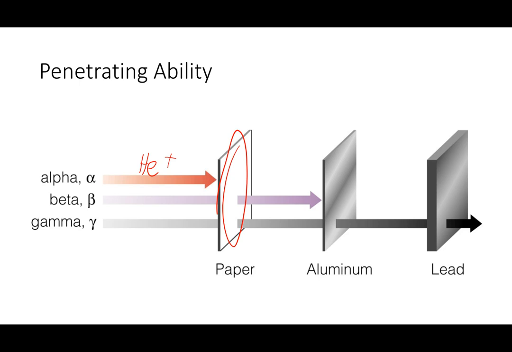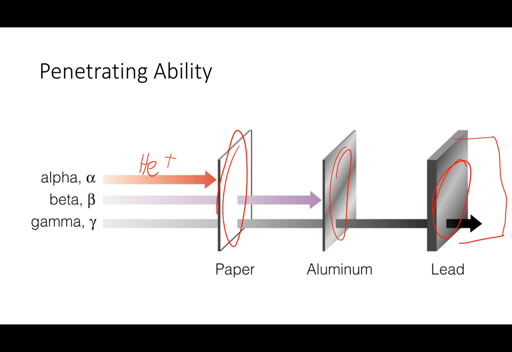Beta particles, however, can go through paper, and they would be stopped by aluminum, for example. And then gamma radiation, which is simply pure electromagnetic radiation, it's energy. It can go all the way through and penetrate lead. So you would need quite a large barrier to stop gamma rays.